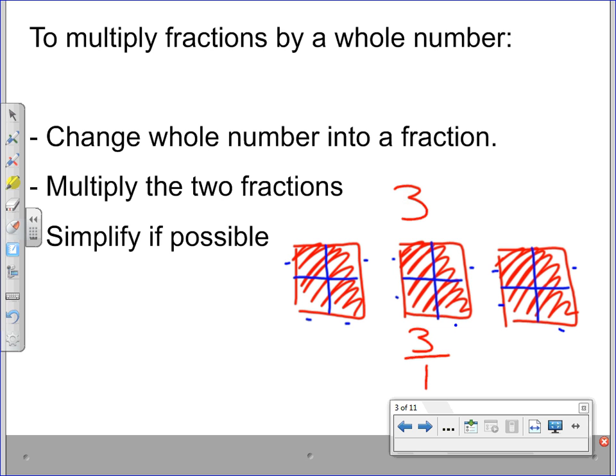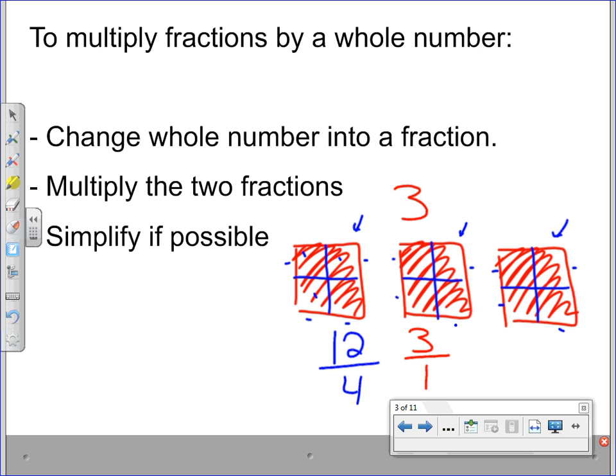So there would be 12 total pieces shaded in. Now, how many pieces are represented in each model? So, for example, in this box right here, and this box right here, and this box right here, what is it split into? Well, if you look, there's 1, 2, 3, 4 in each, right?